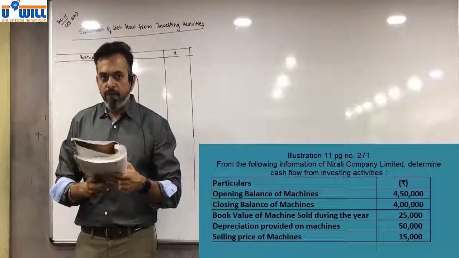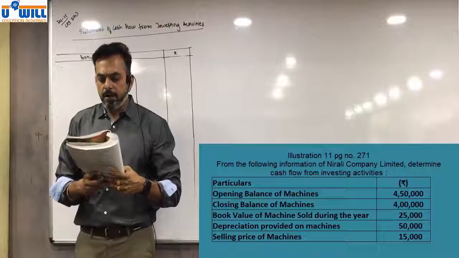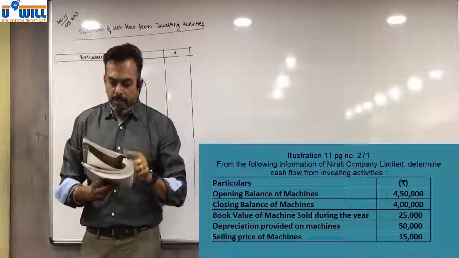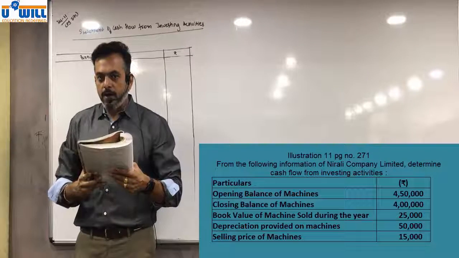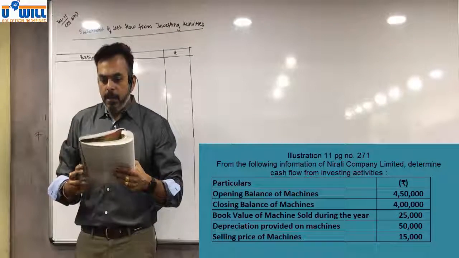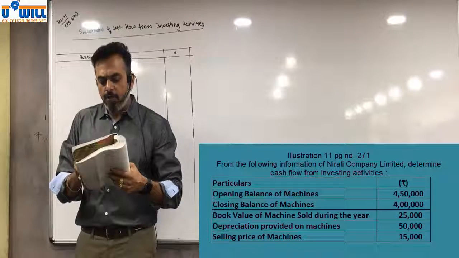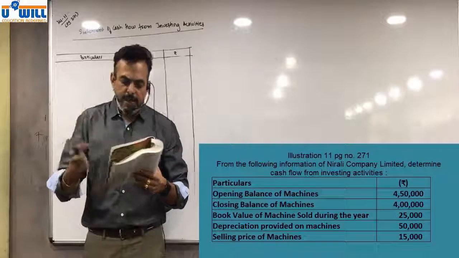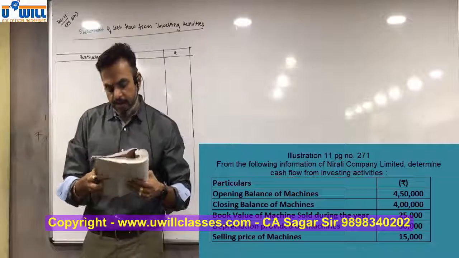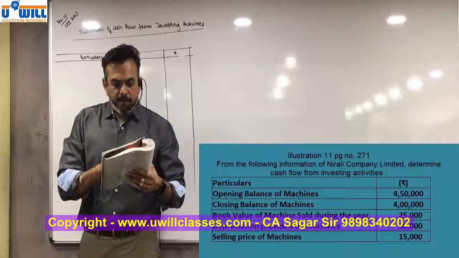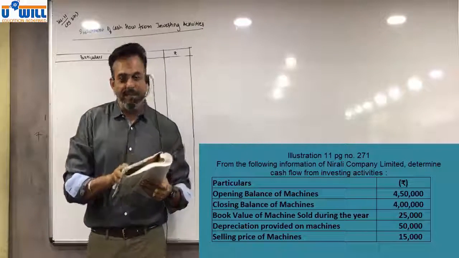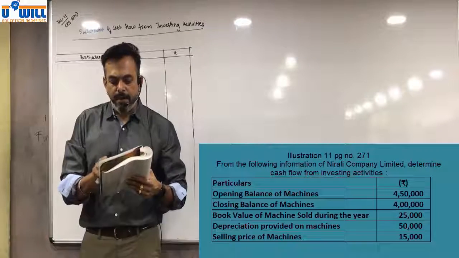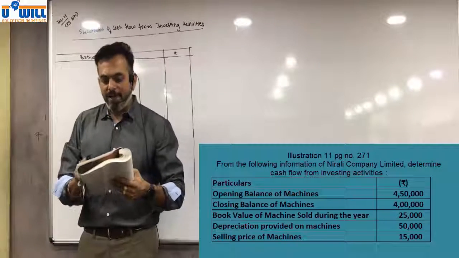Book value of machine sold during the year is given. Then depreciation provided on machine is given and selling price of machine is given. Now here we have to find what is missing and how it affects our cash flow.